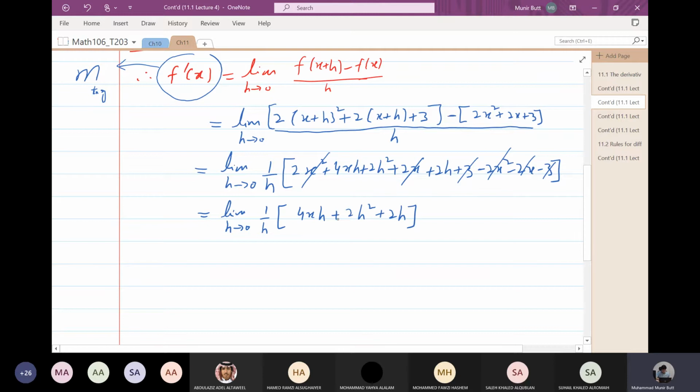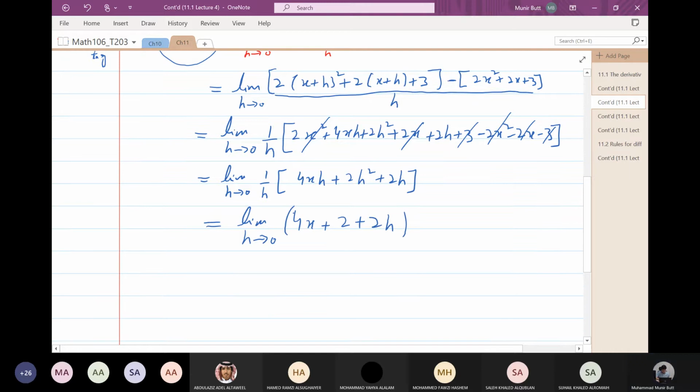Now you can take the h common, and what will be left is the limit as h approaches to 0 of 4x plus 2h plus 2. Agree with this? I just take the h common and rewrite. Now you plug in h equal to 0. It will be 4x plus 2.